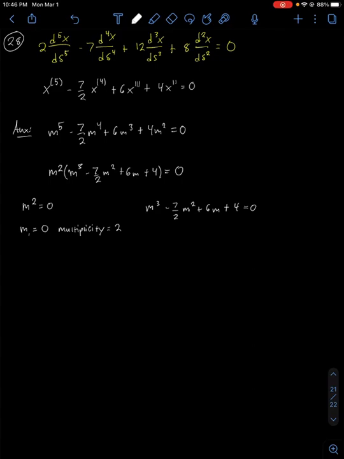I don't know how they got m plus 1/2 to synthetically divide. I don't understand. There's no explanation for it.